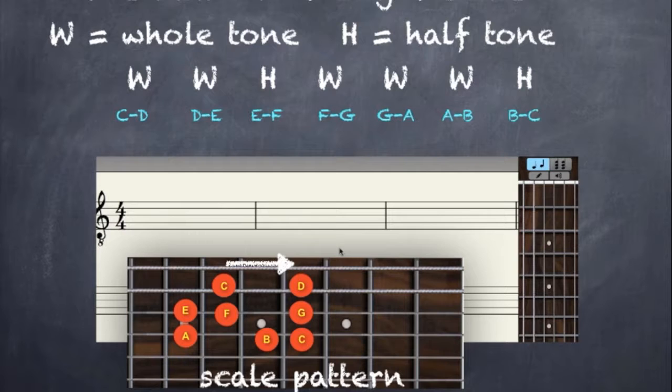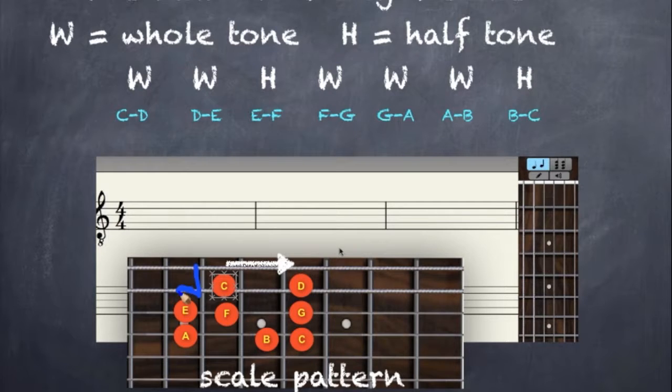So let's go down here. And we'll start our pattern on this C here, which is on the 5th string, 3rd fret. So a whole step from there goes up to the D, which is the 5th fret of the 5th string.